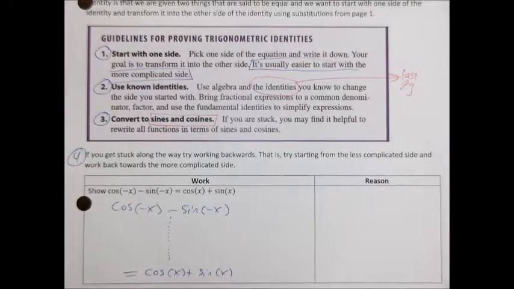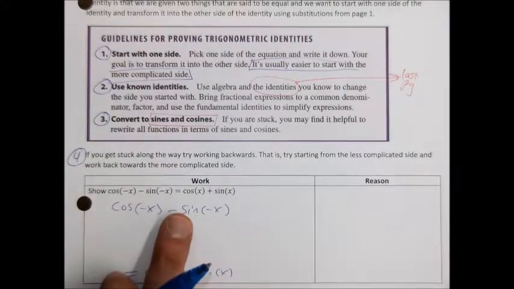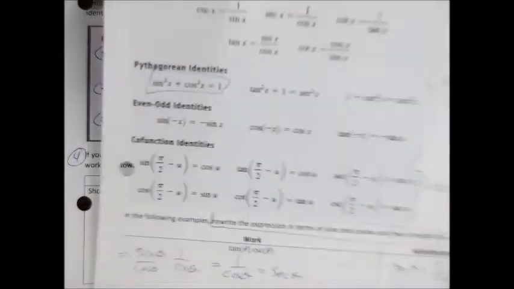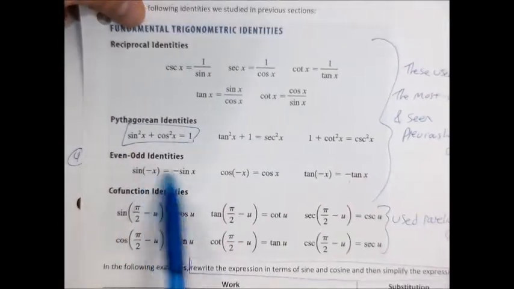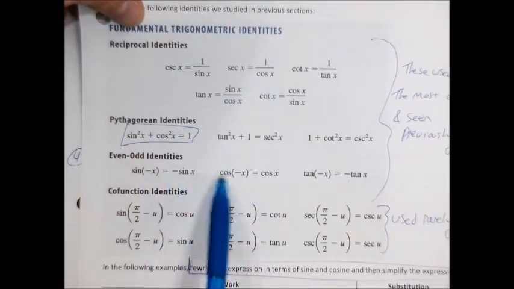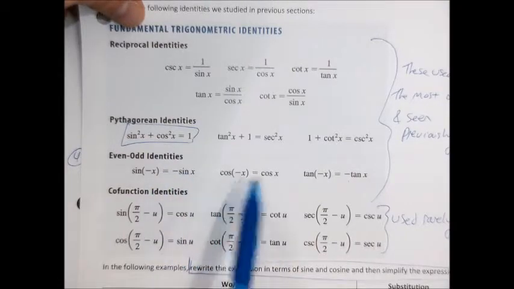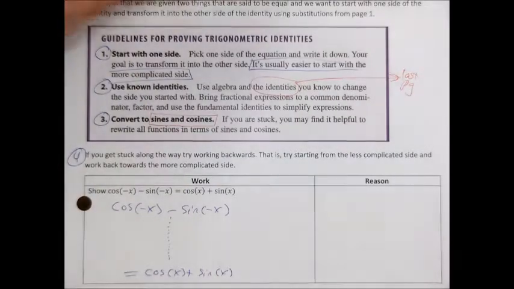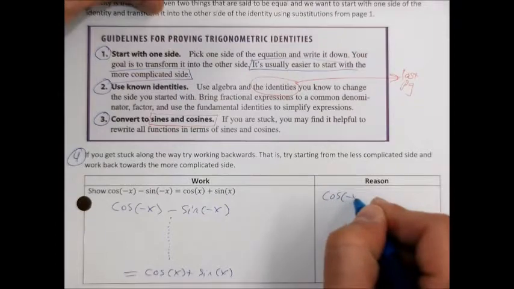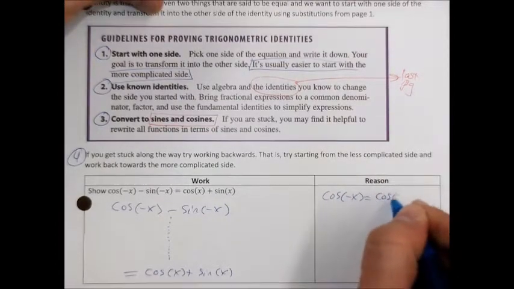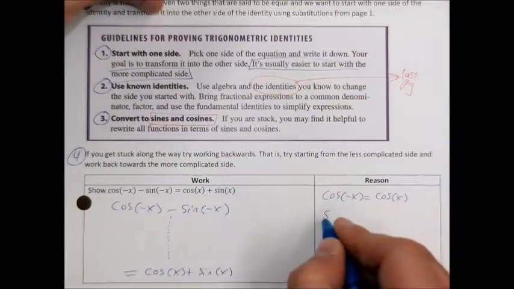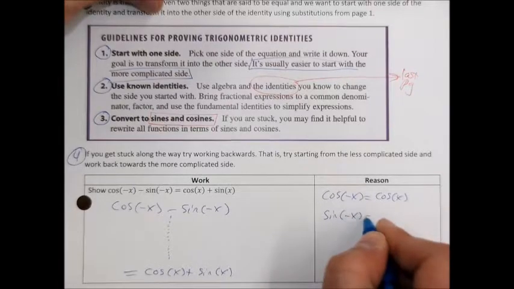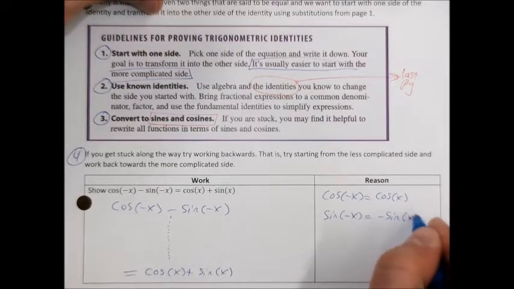And so there's really only one thing we can do with these minus cosine and sine of minus x. We look at the first page, and this is what's telling us how to deal with things with a minus x in there. And so we can make those two substitutions. I know that cosine of minus x equals cosine of x from the first page, and the first page said that sine of minus x equals minus sine of x.